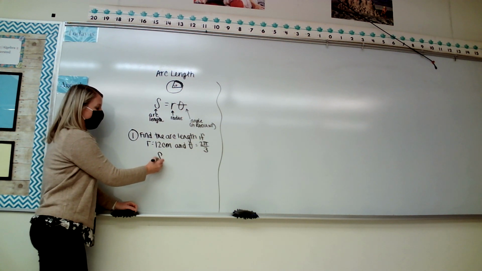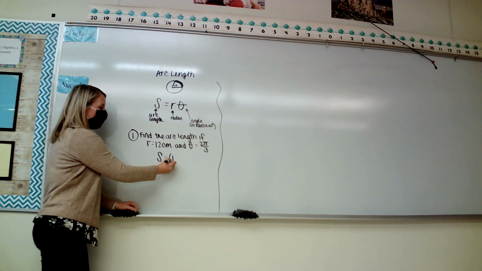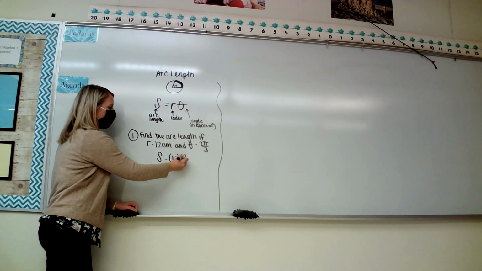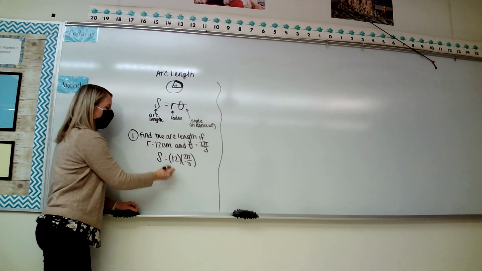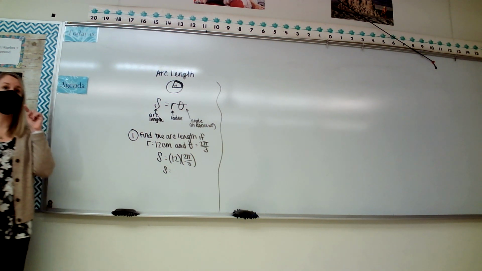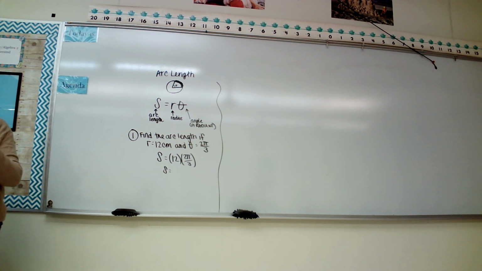So I'm going to say S equals R times theta. And I'm just going to use my calculator. In this case, I am going to find my pi button. I just want it as a decimal, so it's a little easier to see what's happening. Try to find where your pi button is.